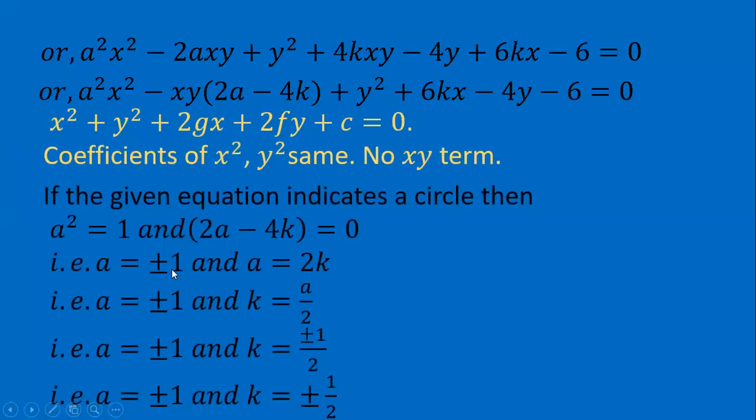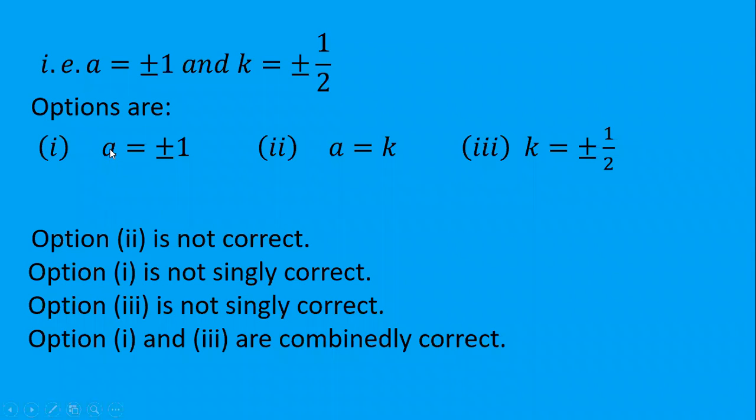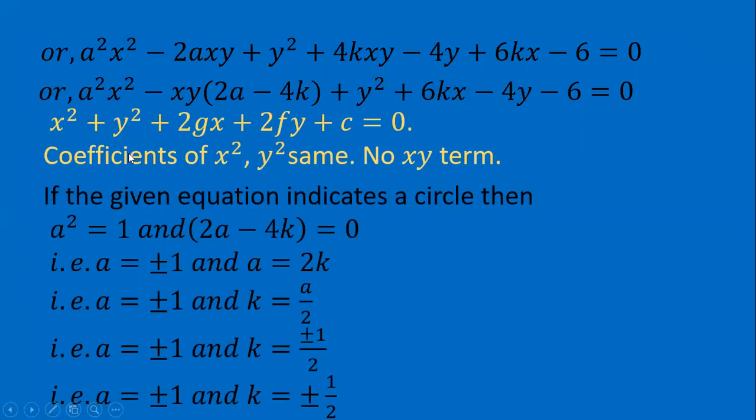So a is equal to plus minus 1 and a is equal to 2k, and k is equal to a by 2. So if I put a is equal to plus minus 1, then k is equal to plus minus half. Now see, option A, plus minus 1. If I put a is equal to plus minus 1, then the coefficient of x square and y square is equal.